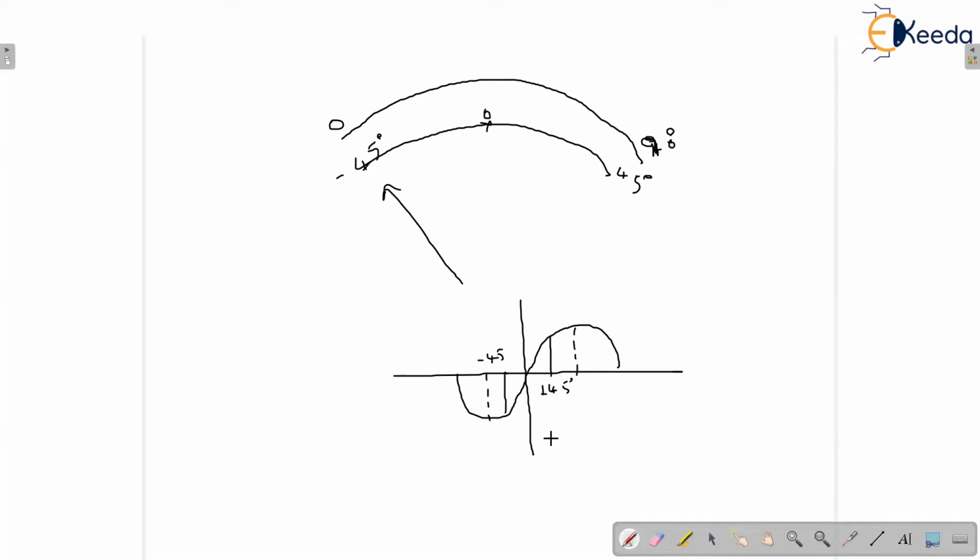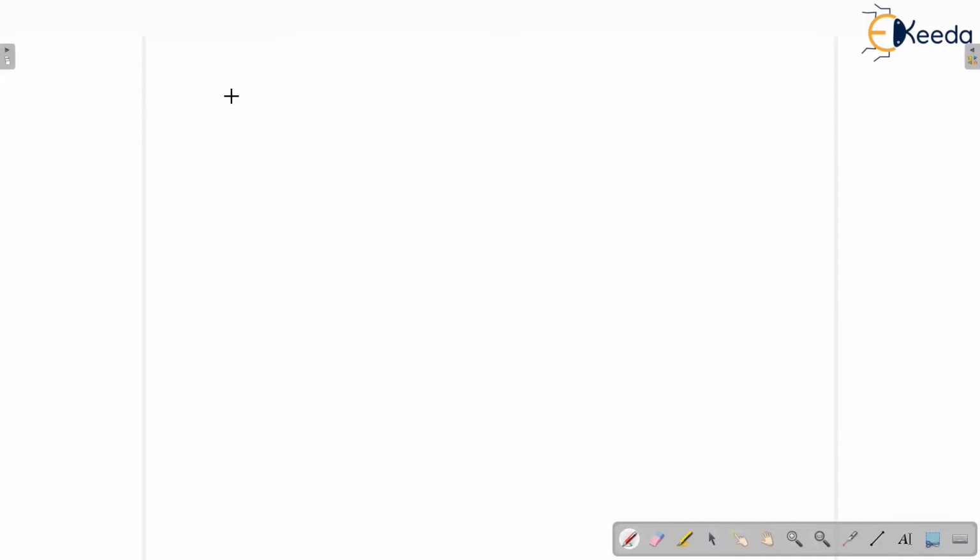So what is m of theta? This portion is a straight line, it is very linear. So m of theta is equal to m max sine theta.